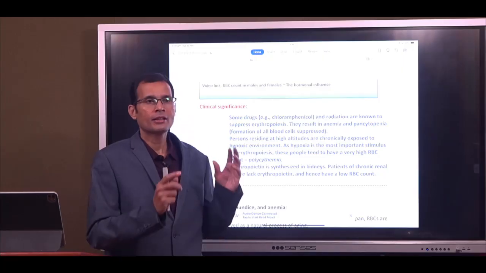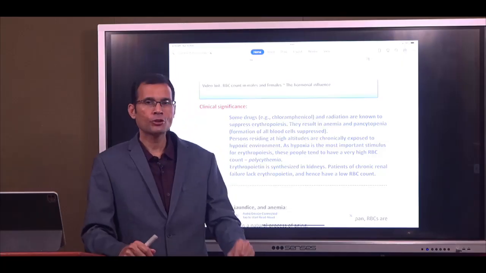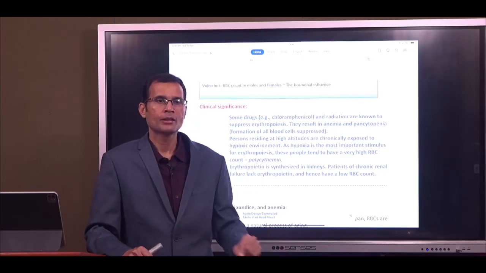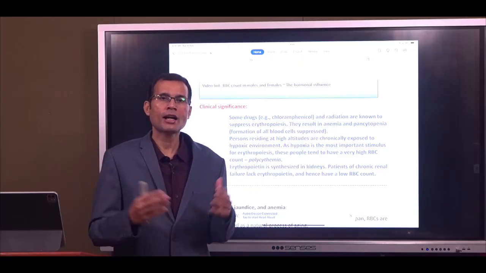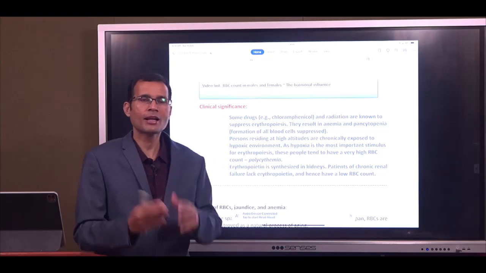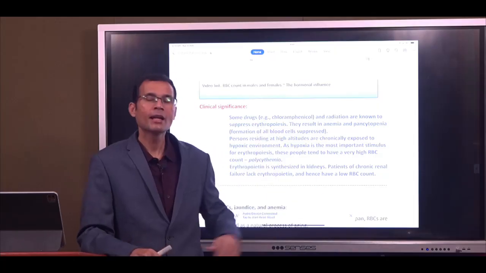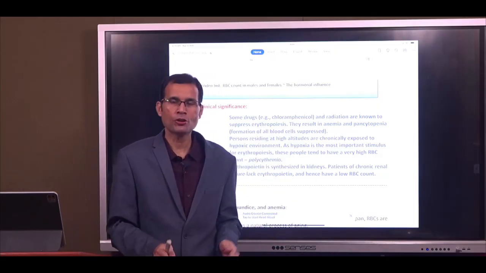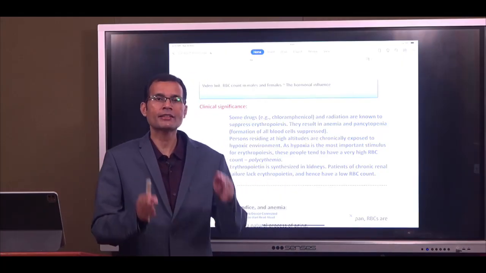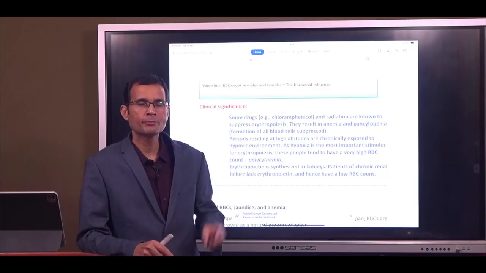Because males have androgens, the testosterone, and testosterone stimulates erythropoiesis. So please remember, in vivas, if you are asked why the RBC count is less in females, it's not less in females; rather, it is comparatively greater in males, because testosterone stimulates erythropoiesis. There is evidence that testosterone stimulates erythropoiesis in 3 ways.